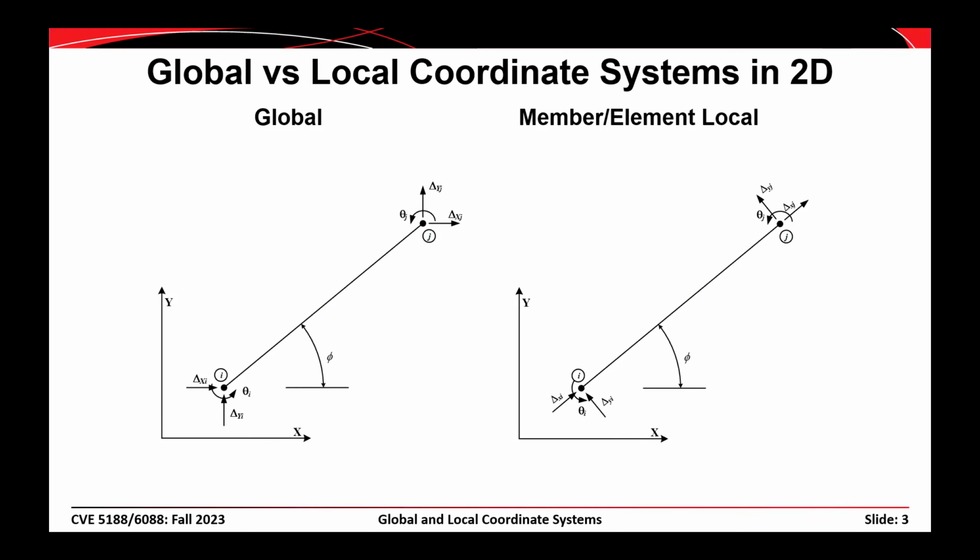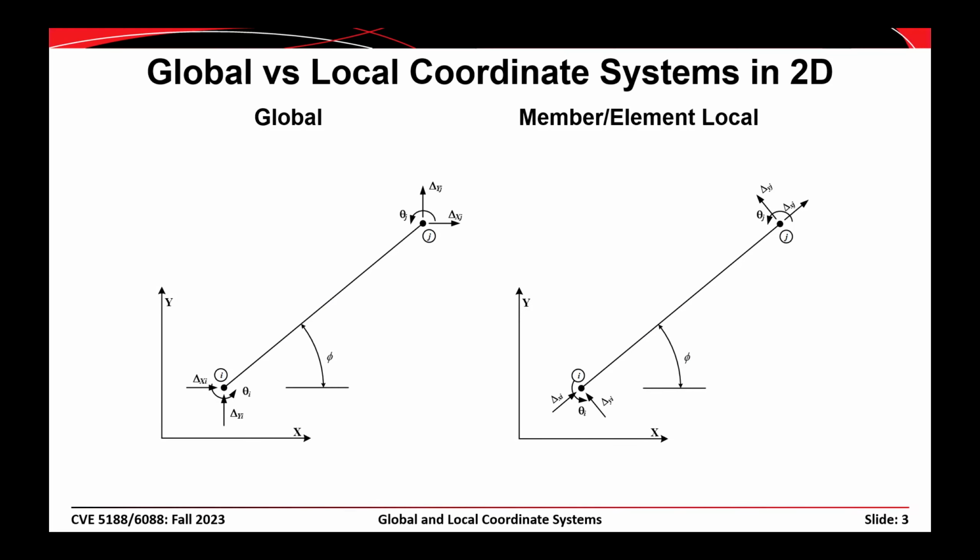In SAP 2000, for example, there's a local coordinate system for every frame object. For every node and for every constraint, there's another local coordinate system for that. And so there are multiple coordinate systems that are all acting in concert with each other to do the analysis.